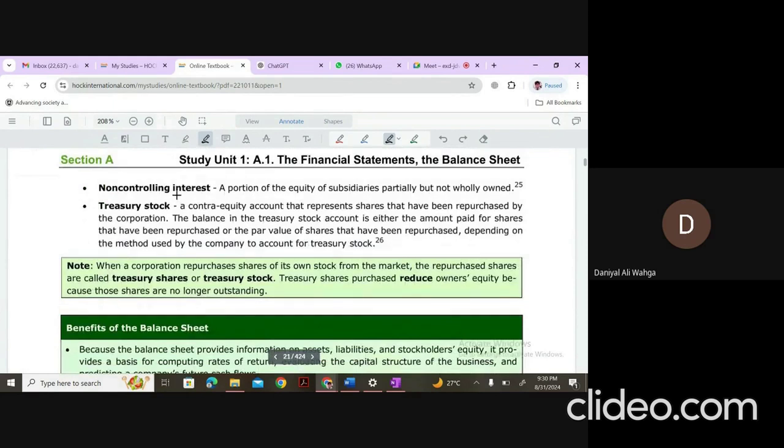Non-controlling interest. If we are preparing our consolidated financial statements, another element which is included as a part of your statement of financial position, or as a part of your equity, is the non-controlling interest.